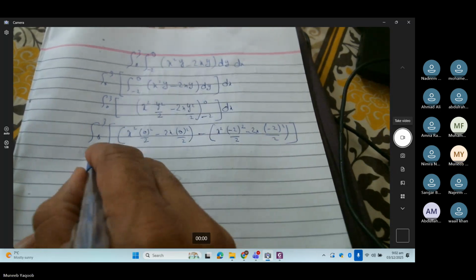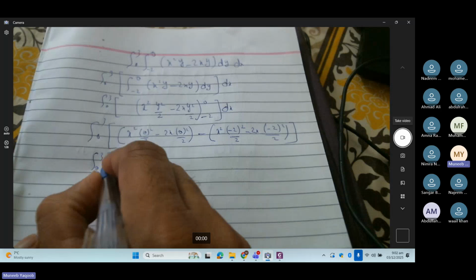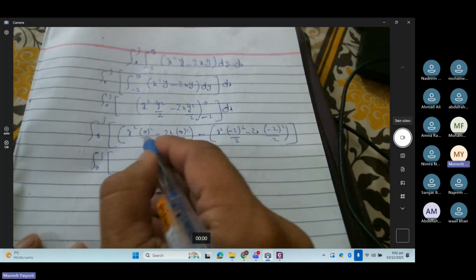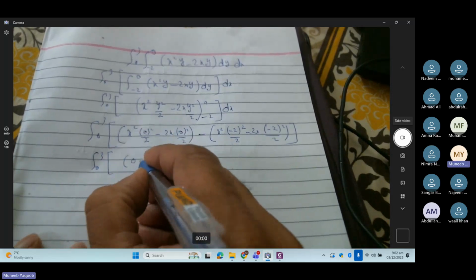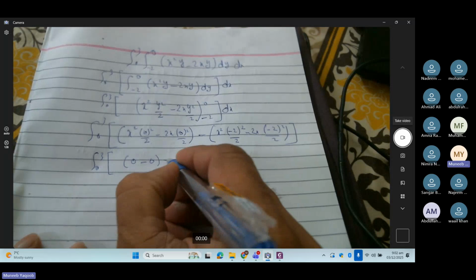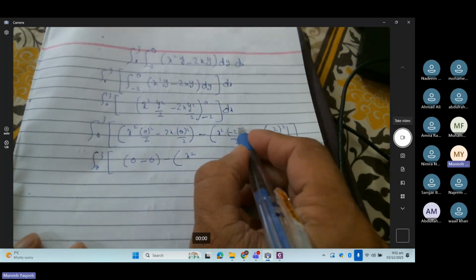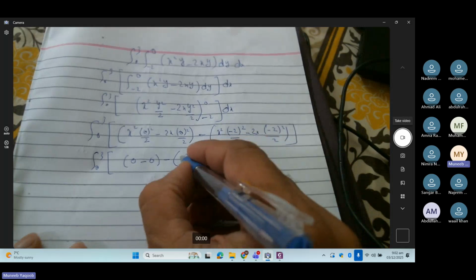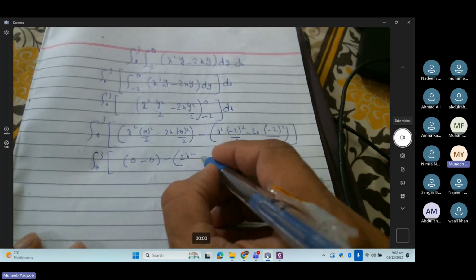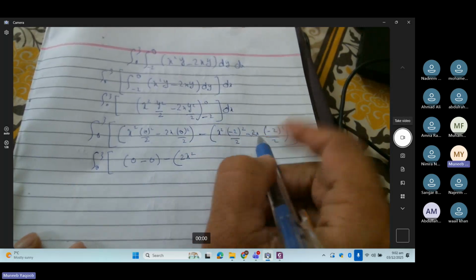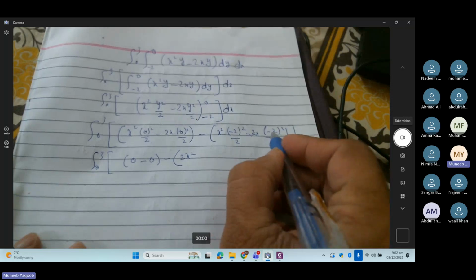Okay. So now integral 0 to 3. Fortunately, our first bracket is 0. So it's very simple. Then x square. Now minus 2 square is 4 and 4 divided by 2 is 2. So it will become 2x square. Now this 2 will be simplified with this 2. So minus 2 square is 4.